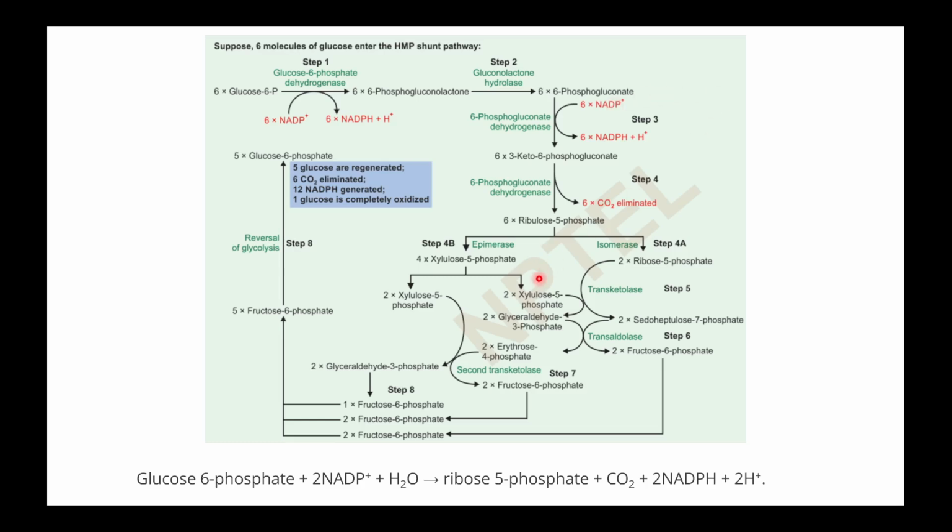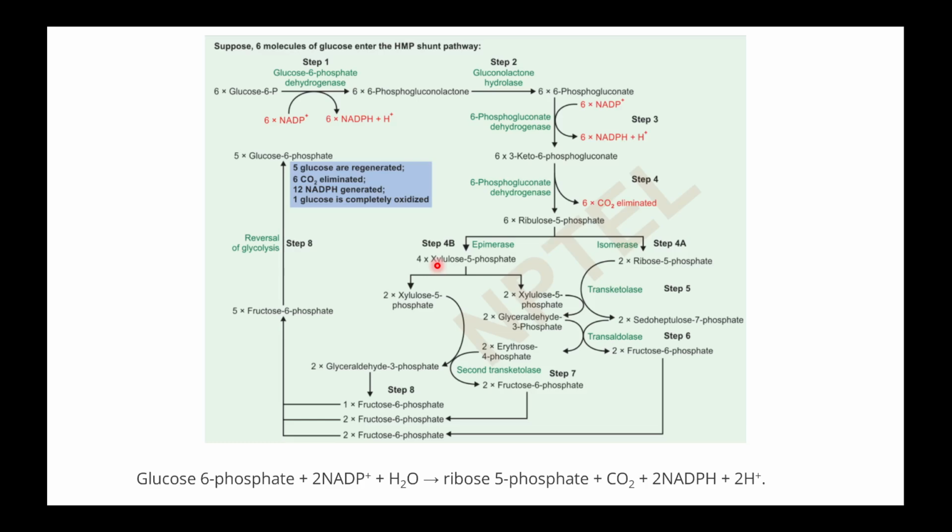This ribulose 5-phosphate, by an isomerase enzyme, will get converted into ribose 5-phosphate, and by an epimerase enzyme it will get converted into xylulose 5-phosphate. Both of these are 5 carbon sugars. But the amount of xylulose 5-phosphate is higher than ribose 5-phosphate.